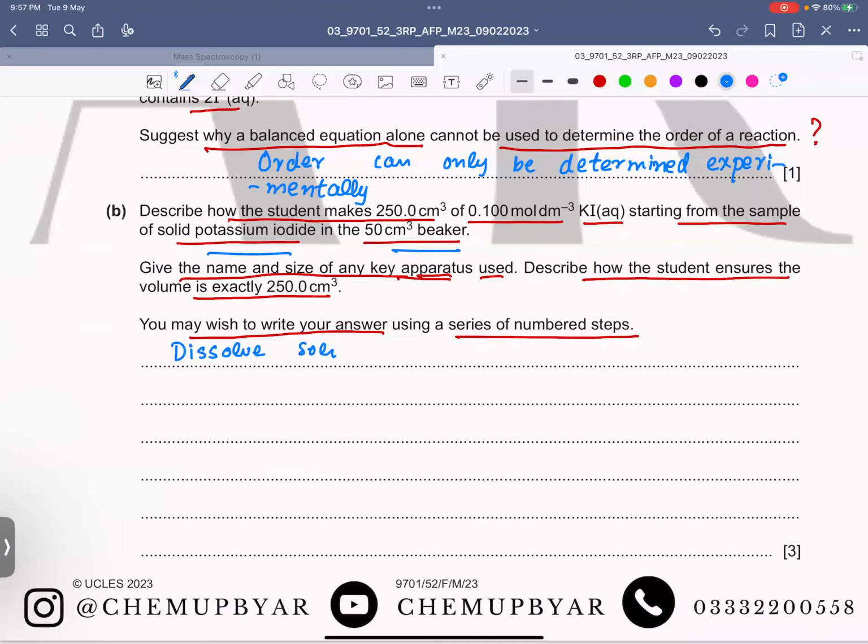Dissolve the solid in a small amount of distilled water.